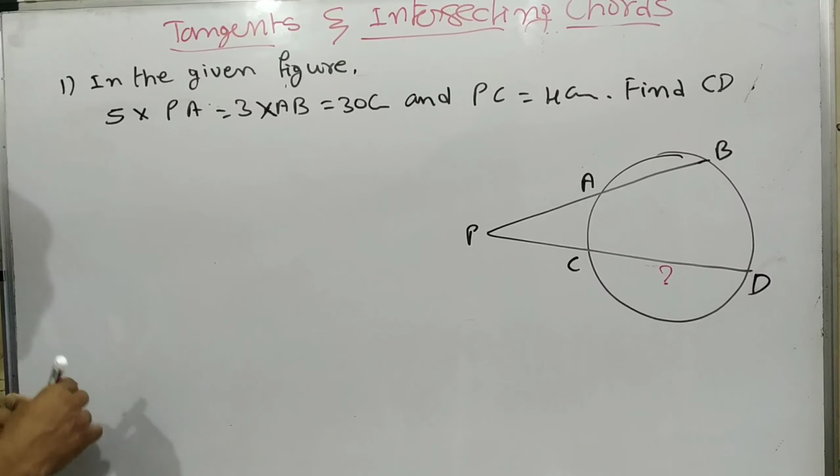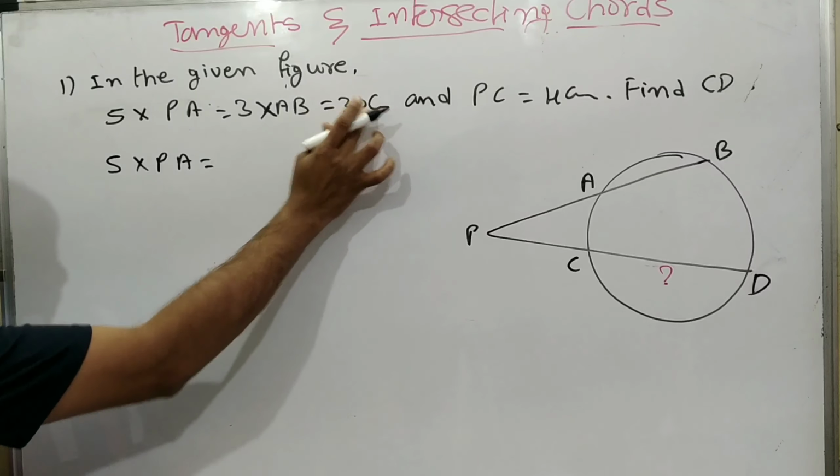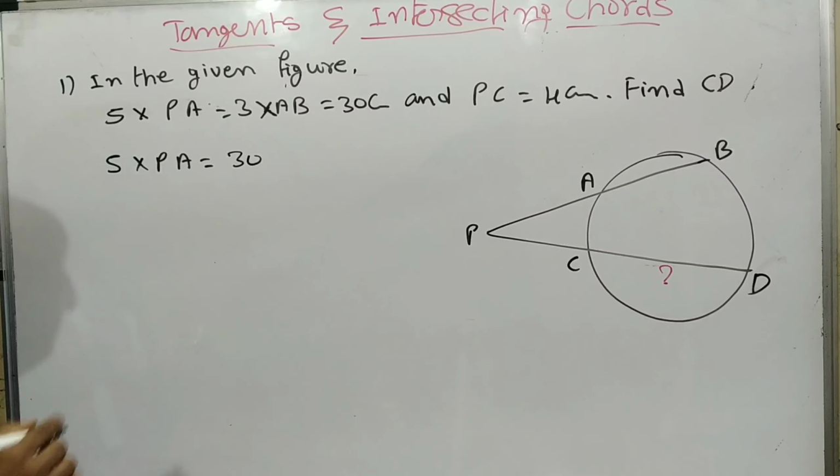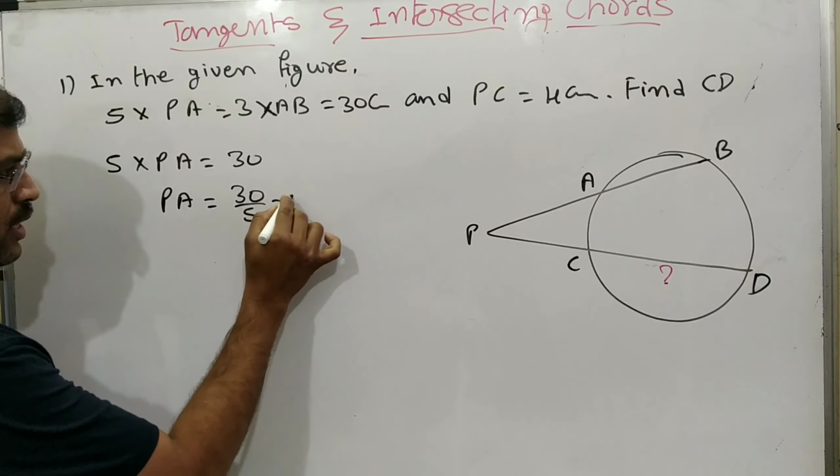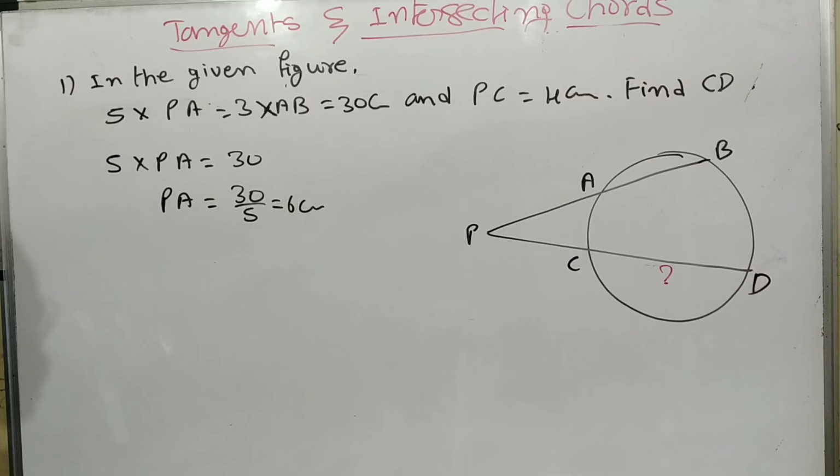5 multiplied by PA equals 30, so PA equals 30 upon 5, which is 6 centimeters, because I have taken 5 to the other side.